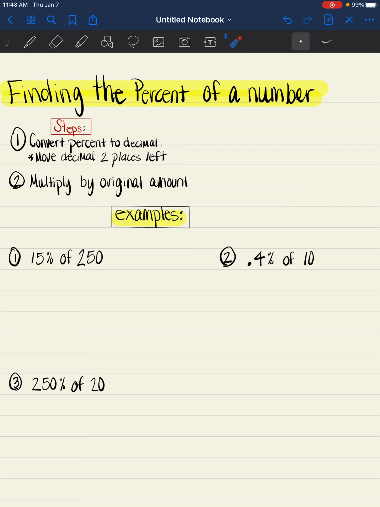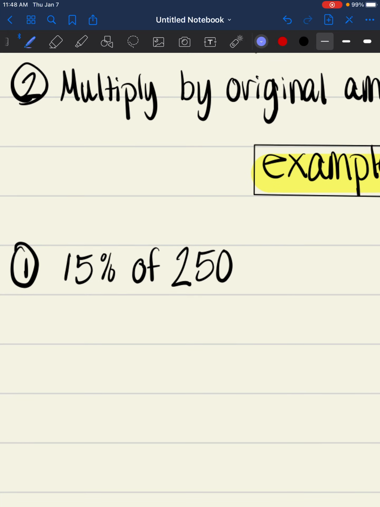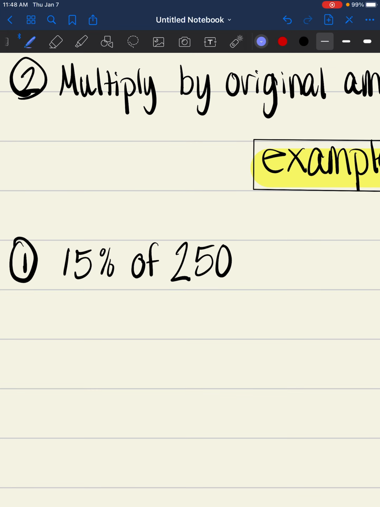So moving on, we're going to go through some examples. I've got examples of every kind written down here. We're going to start off where we have a percent that looks like a whole number. So they did not give us the decimal, and we're going to follow those steps. So since we do not see a decimal right here, we're going to have to do the same thing we did just a moment ago.